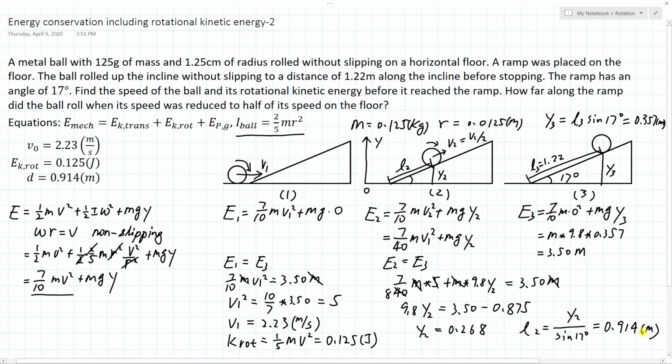So what I did here was, because this shape is a regular shape, a ball with this solid sphere rotational inertia, I combined the translational and rotational kinetic energy terms into this very convenient kinetic energy term.